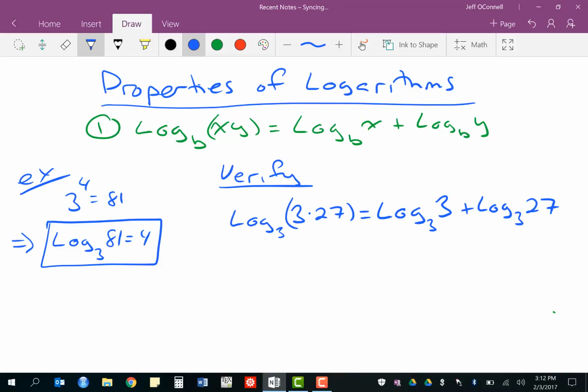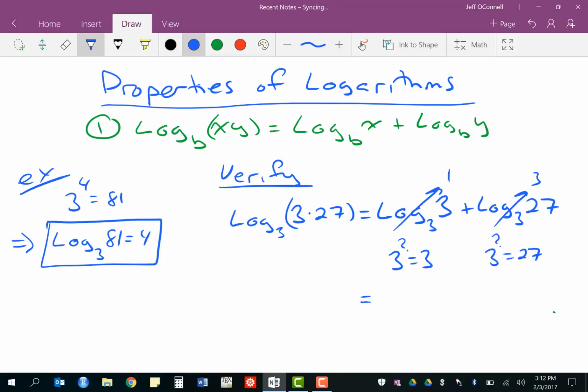Now, how do I evaluate the log base 3 of 3? 3 raised to what power is equal to 3, which would end up being 1. And then log base 3 of 27, 3 raised to what power is equal to 27? Well, 3 to the 3rd power is equal to 27.